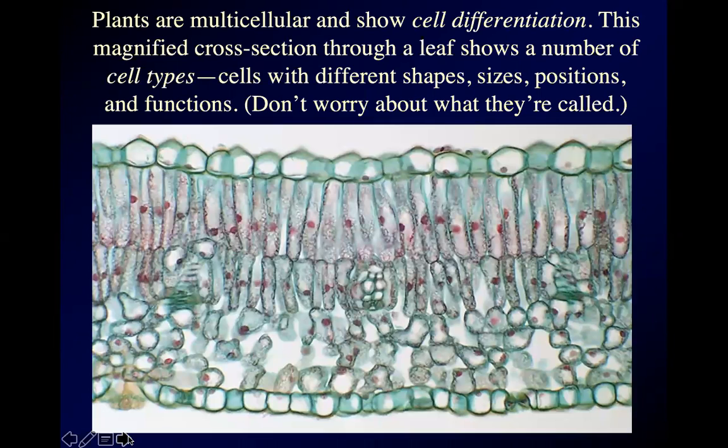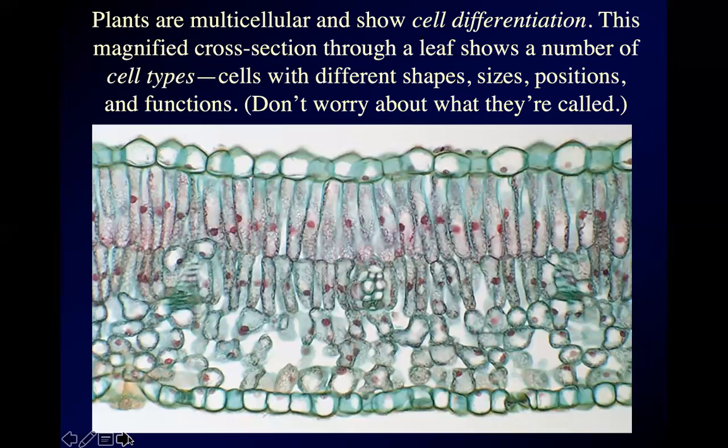Don't worry about detail in this picture. This happens to be a view through a microscope of a cross-section of a leaf. All I want you to see is that, first of all, a leaf is made up of many cells. In many of these cells, you can see the nucleus. The way this has been stained, the nucleus looks pink.